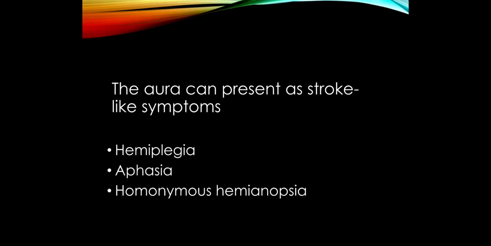Sometimes what happens in the brain during this aura phase of cortical spreading depression is quite intense. If we involve the motor cortex, patients may have a hemiplegia. If you involve the language areas, patients may have an aphasia. I've seen a number of patients that have a homonymous hemianopsia.